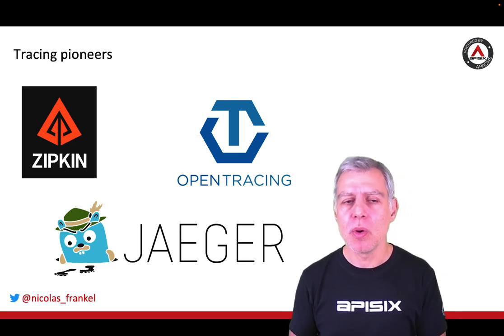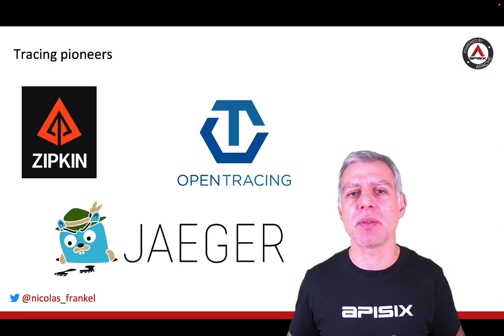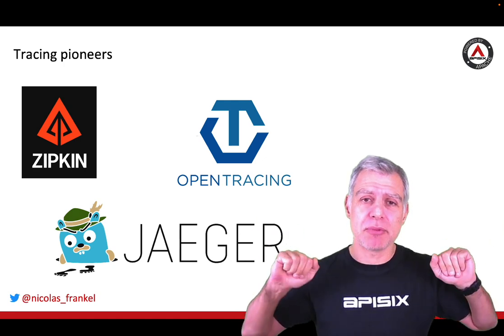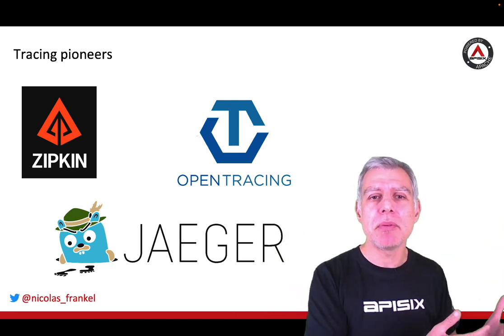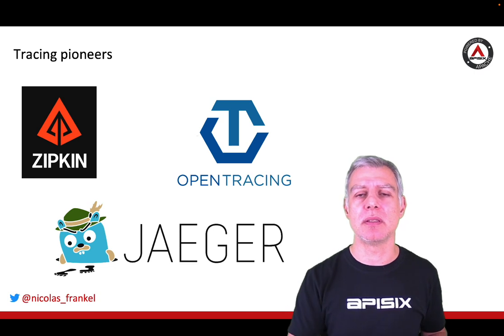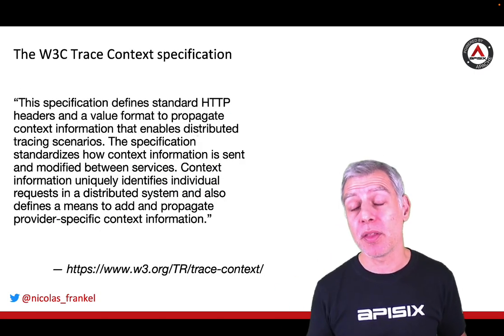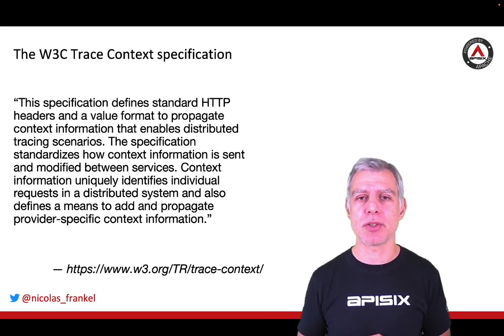But as you know, we want something to be standardized so that we can write libraries that have one standard. And for that, there is something called the W3C Trace Context specification.